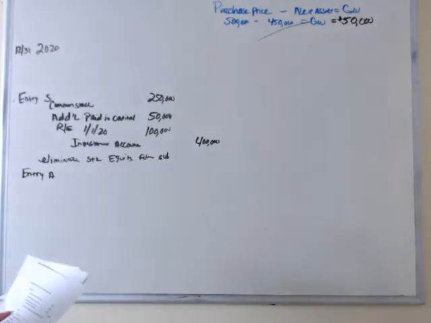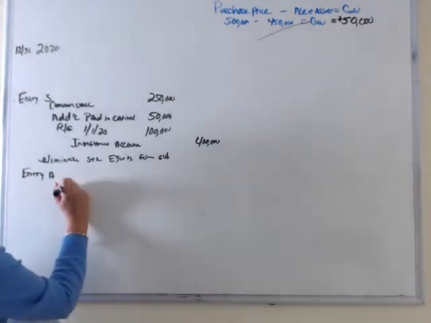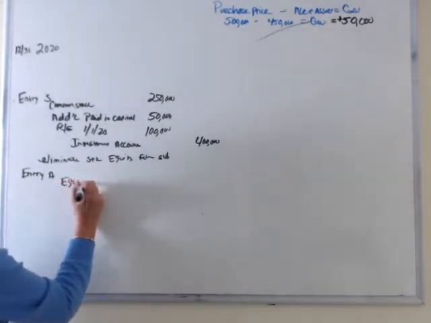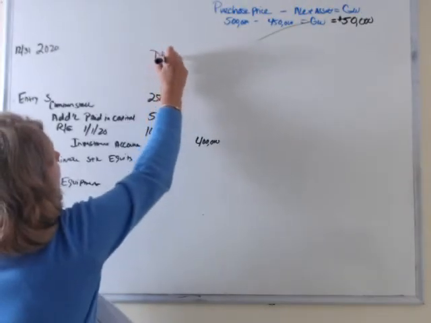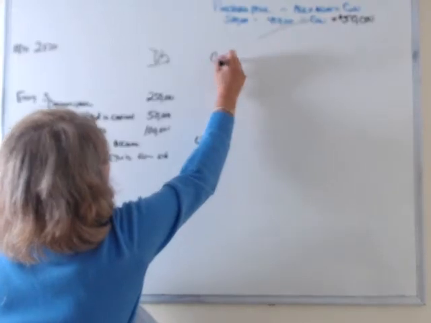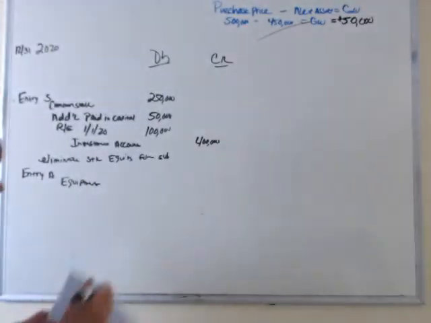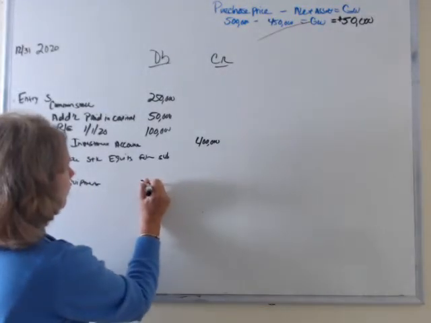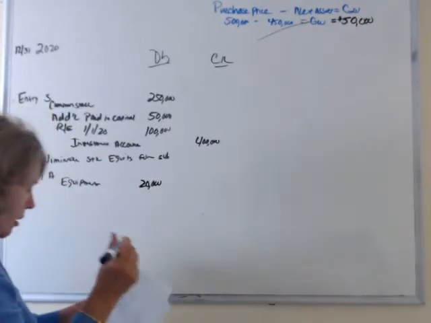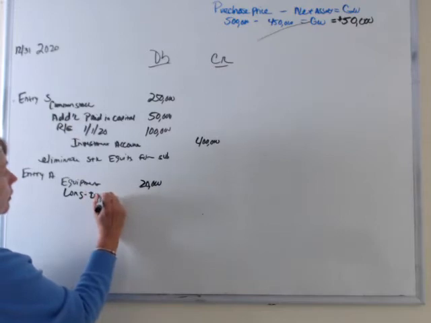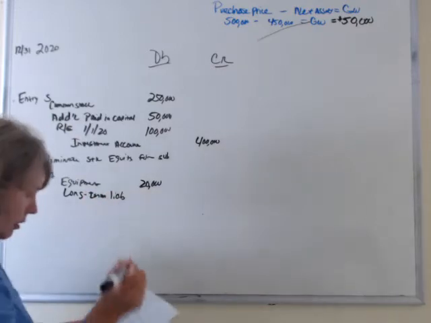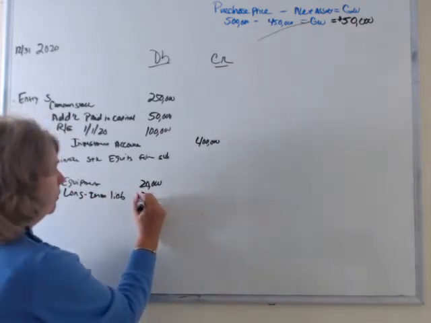Next entry, we have entry A. That's going to be your adjustments. I'm going to debit equipment. Here, this is debit. This is credit. I'm going to debit equipment 20,000. Debit long-term liabilities 30,000.